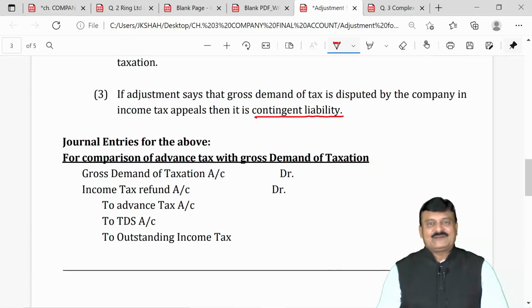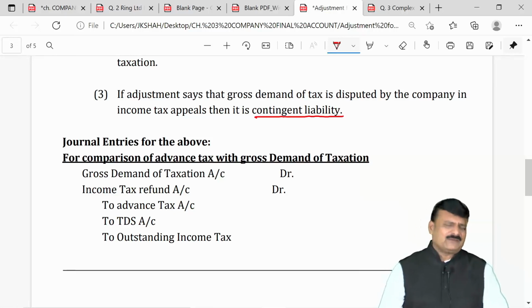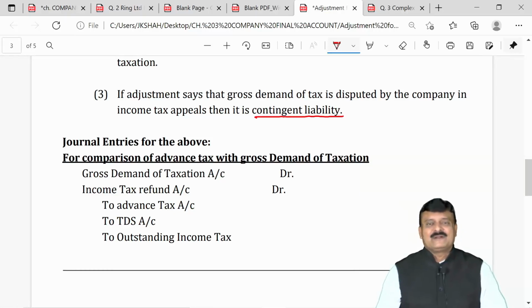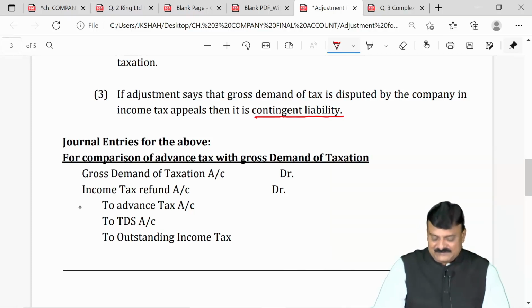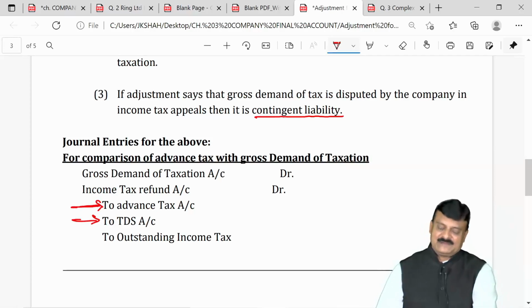Then for your knowledge, journal entries are given so that it is useful to you while doing ledger posting. Journal entries for comparison of advance tax with gross demand of taxation. Liability for taxation, whatever word you say. Advance tax is debit in the trial balance. Now it is adjusted, so we have to credit it. So advance tax is credited. If TDS is given, TDS also will be credited.